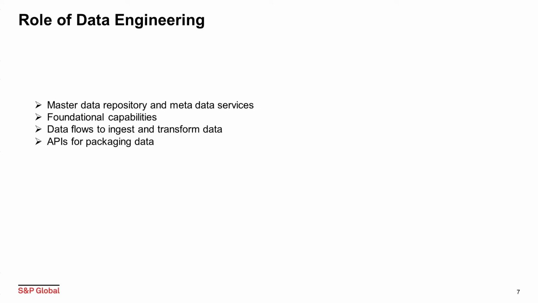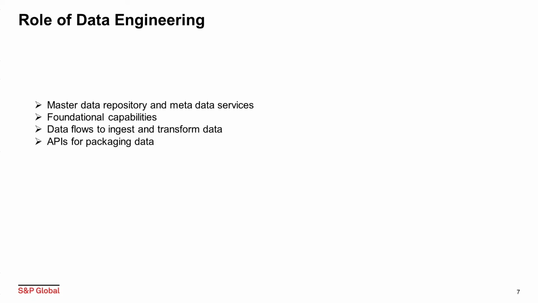Data engineering also builds the foundational capabilities around storing and accessing the data. Then data engineering also creates data flows to ingest and transform data for usage in the further pipelines. A good example is data science, which is one of the fields in data intelligence.